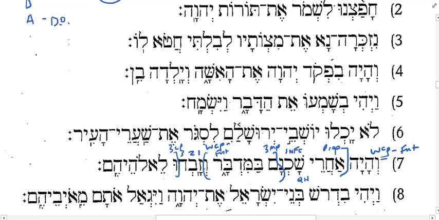They will what? Sacrifice. Lelohehem. Lamed prep to Elohim with a pronoun suffix attached. Which pronoun is this? It's 3MP. They will sacrifice to their.